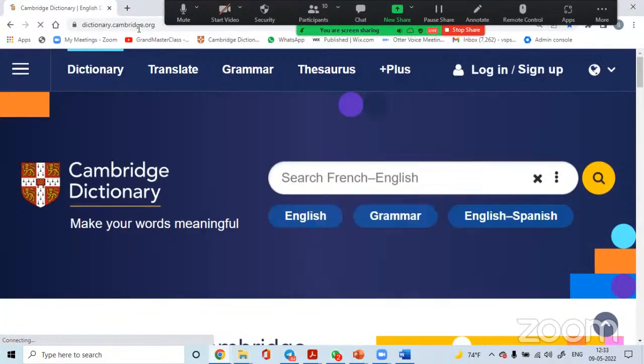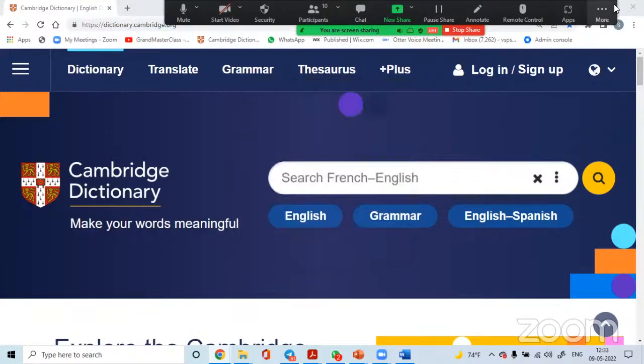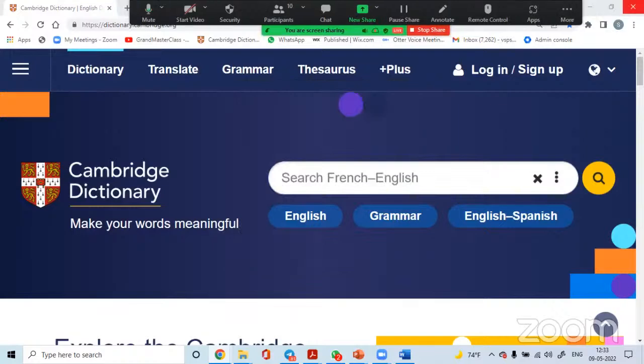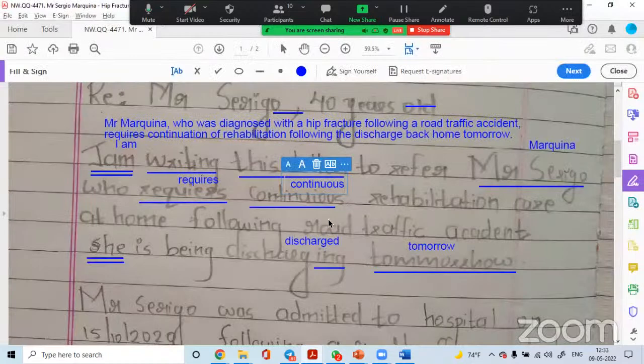So this is the link. You can go there and check your spelling and verify whether it is right or wrong. So continuous, C-O-N-T-I-N-U-O-U-S, continuous.